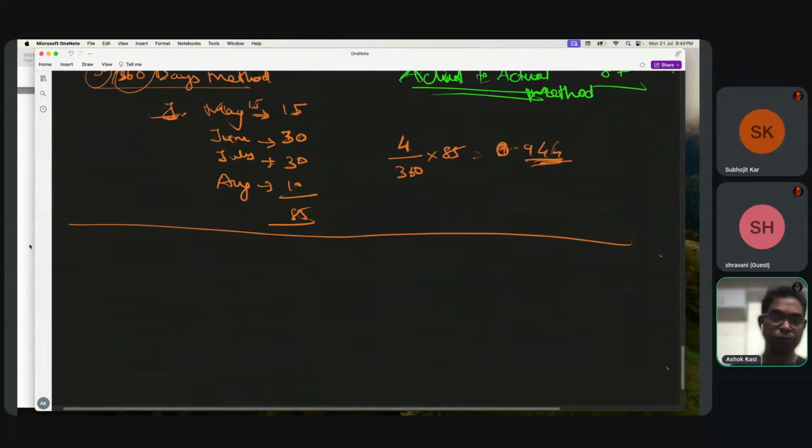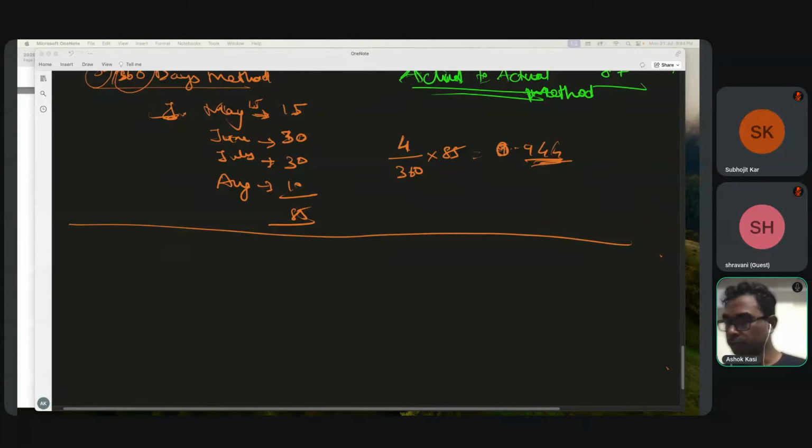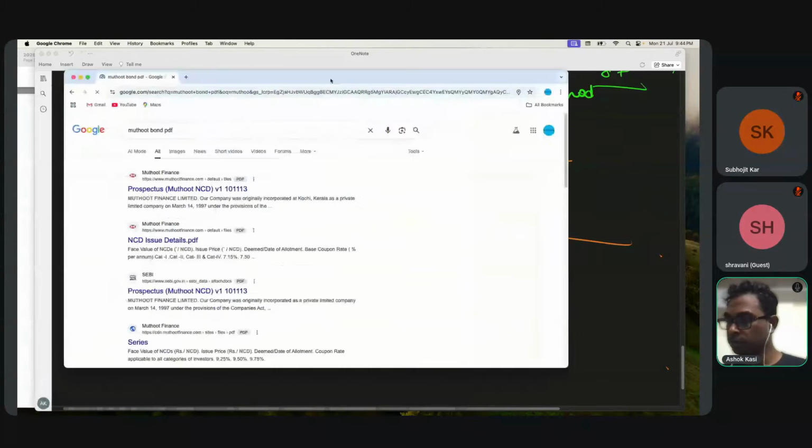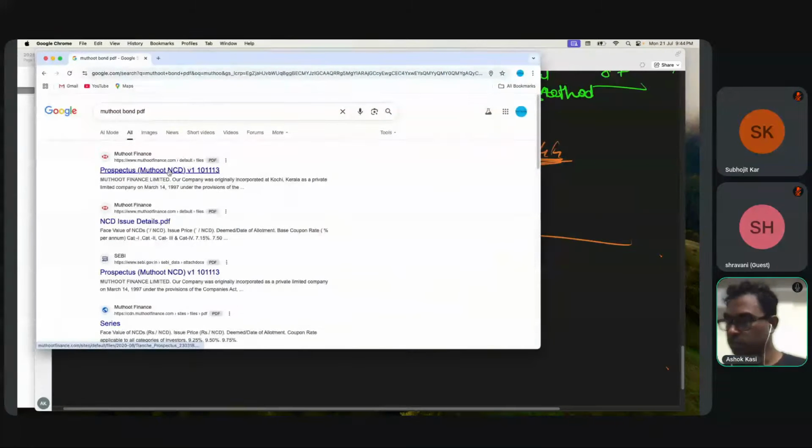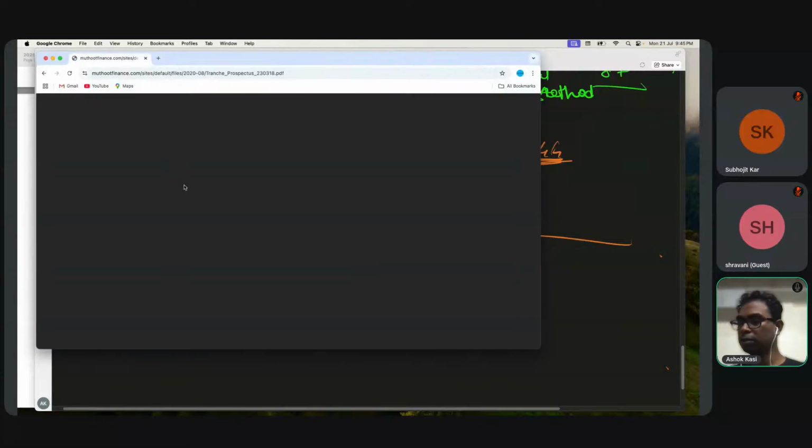Okay, now if you want to see this practically, you can simply type Muthoot bond PDF. You should be able to get it. Prospectus. Go to the prospectus.